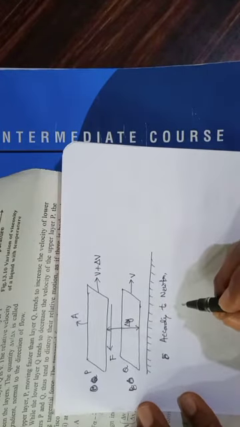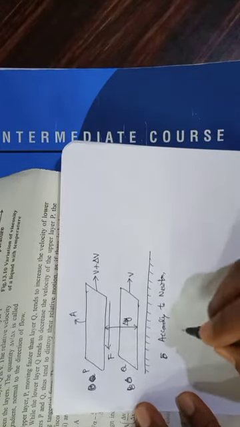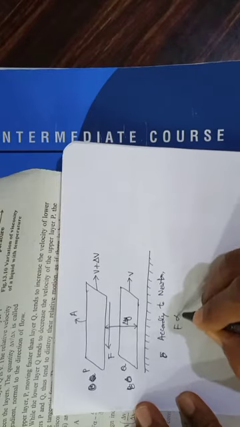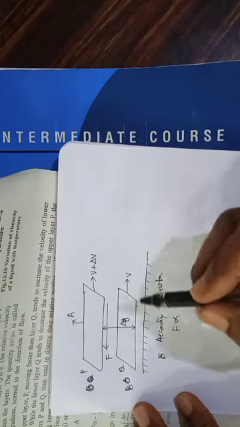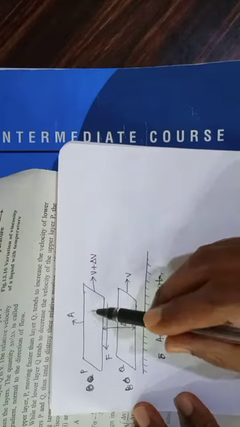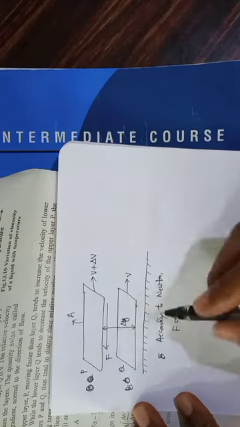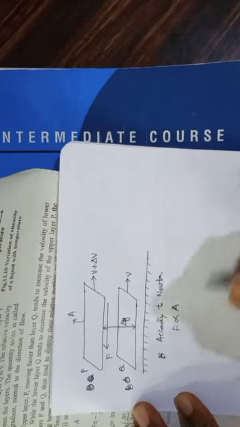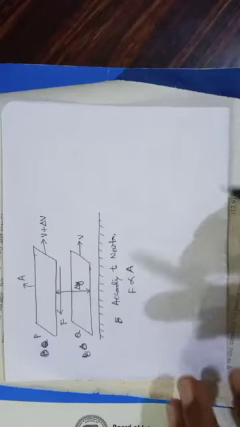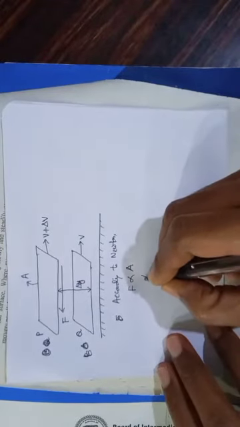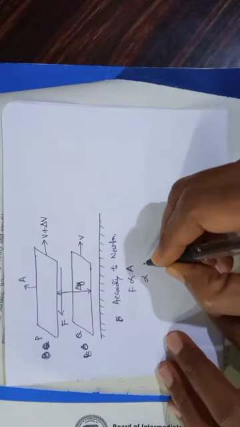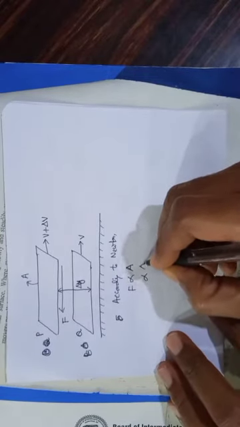the shear force applied by this layer is directly proportional to the area of the layer. See, this layer has area A and this layer also has area A. So this is directly proportional to A. And also this is directly proportional to velocity gradient.